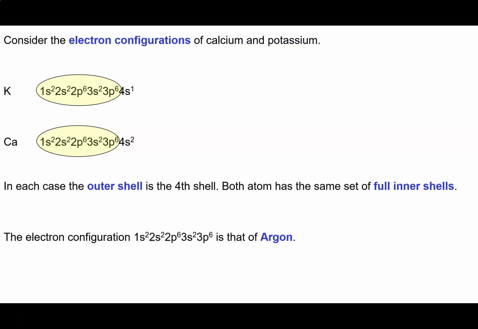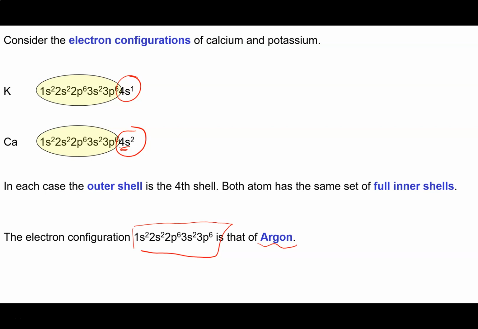Now, these core electrons are not as chemically interesting as the outer electrons, what we call the valence electrons. So I can recognize that those first 18 electrons, the core electrons, are just the same as those that are found in argon. And then these electrons that are in the outer shell, in the fourth shell here, they're the ones that I want to focus my attention on.